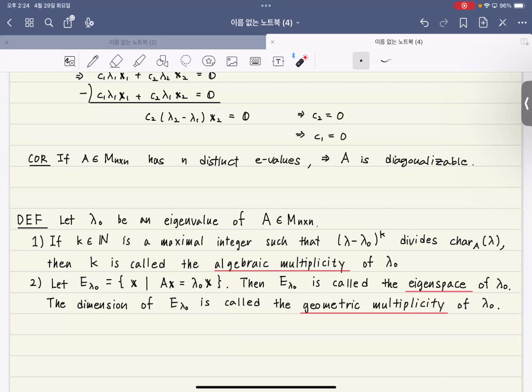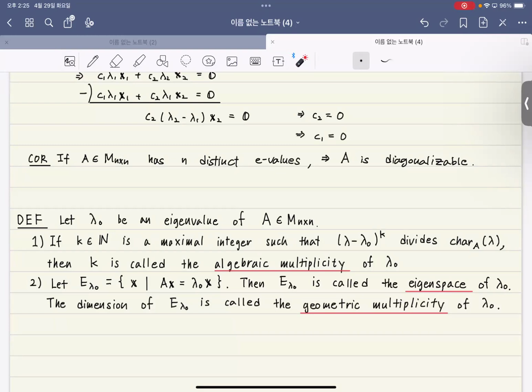And for any subspace, we can define the dimension. The geometric multiplicity of lambda 0 is nothing but the dimension of the eigenspace of lambda 0. These are the algebraic and geometric multiplicity of any given eigenvalue.